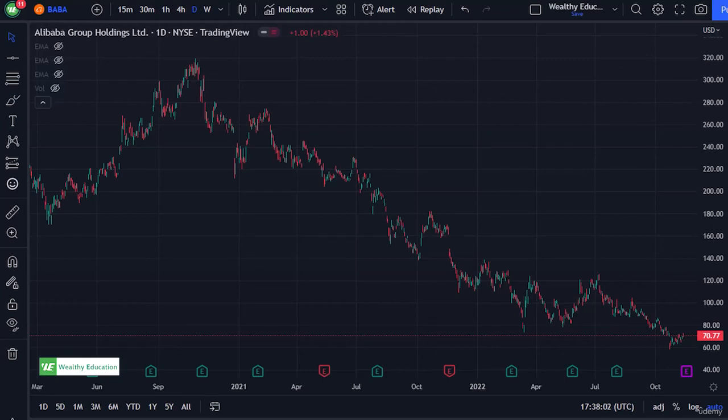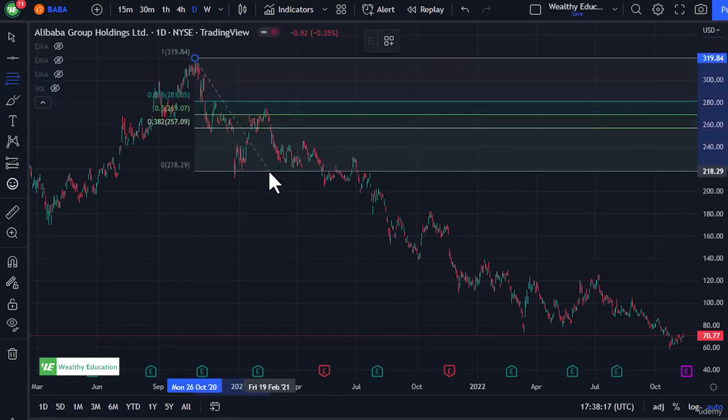Now, here's the thing. Fibonacci works because people think it works. That would probably be the best way to describe it. You'll notice that a bunch of numbers appear.